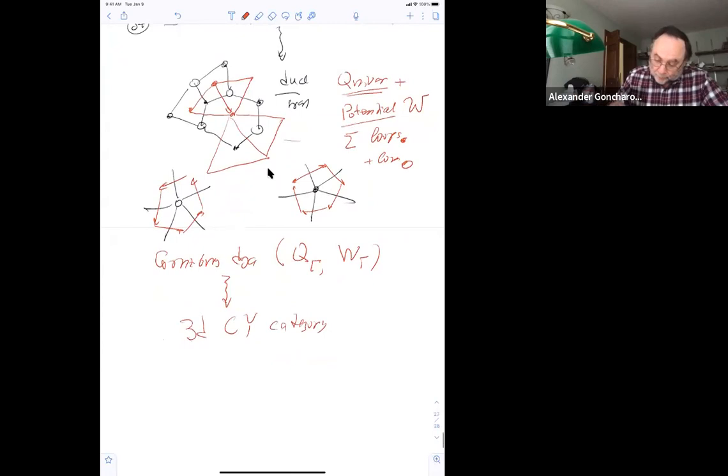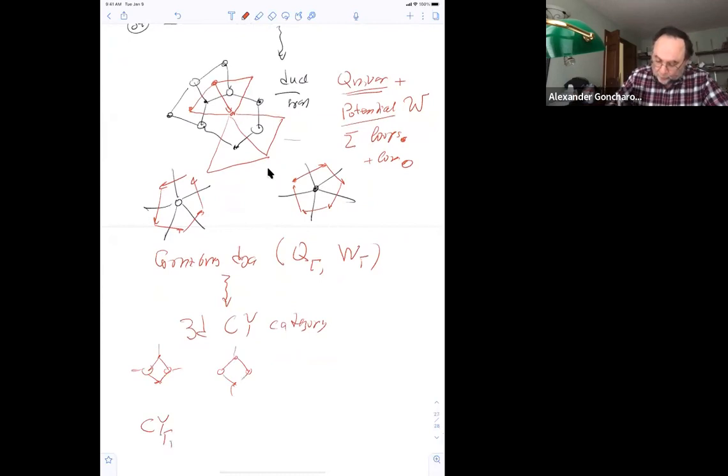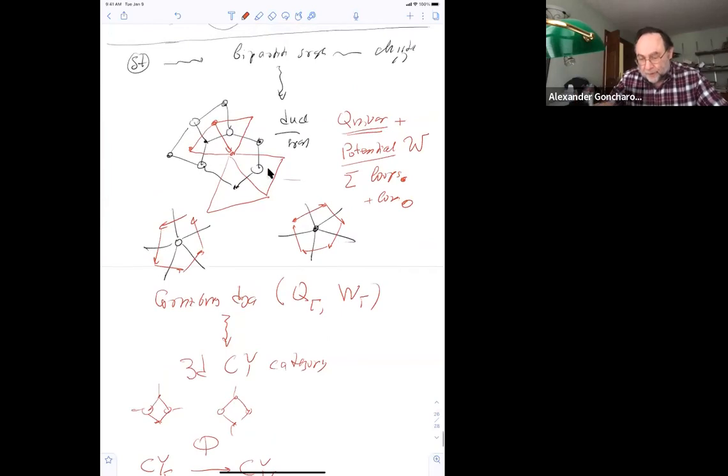Then you prove that if you consider a 2x2 move, which I defined before, then for the 3D Calabi-Yau category of one graph and that of the second graph, you get a canonical functor between them. So this story of bipartite graphs gives you a collection of Calabi-Yau categories and functors between them, which satisfy some natural conditions.